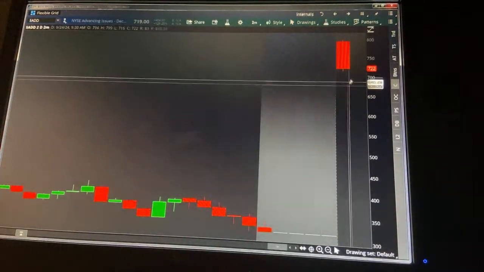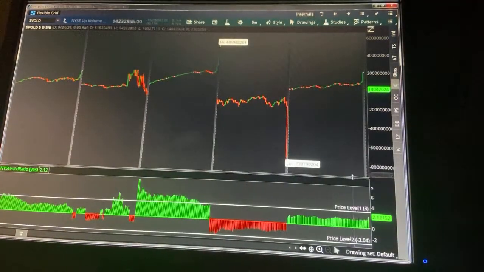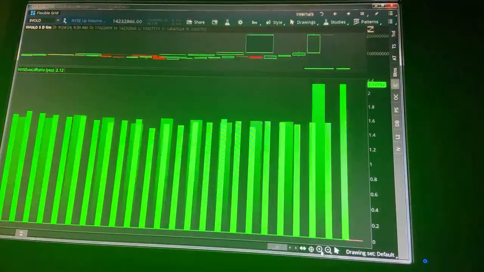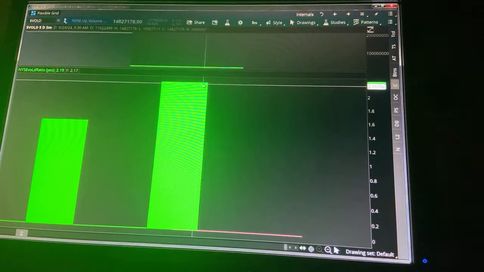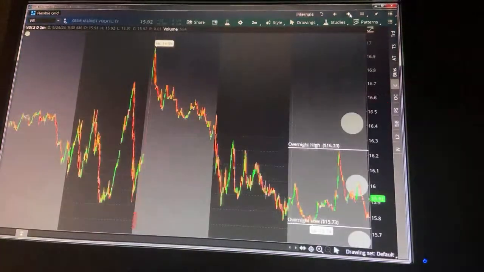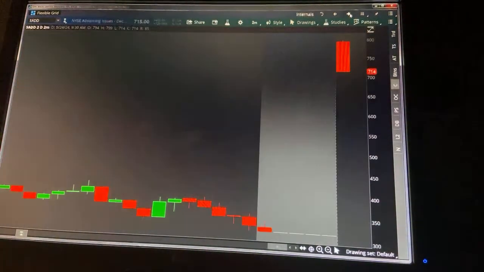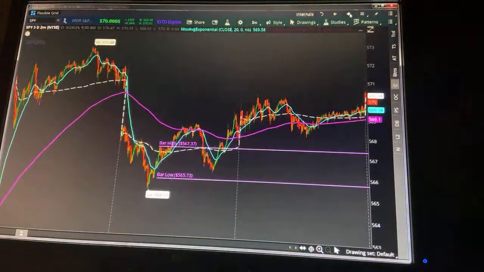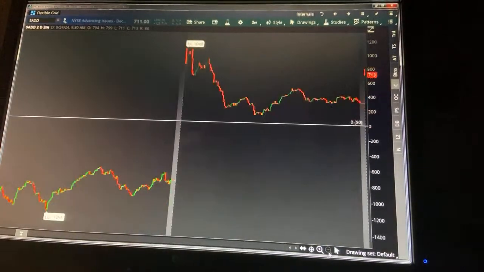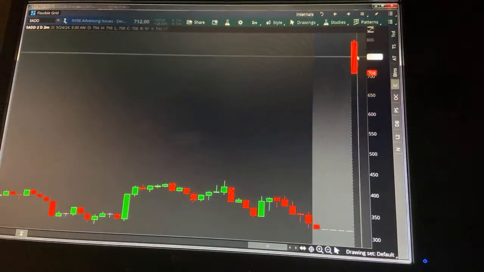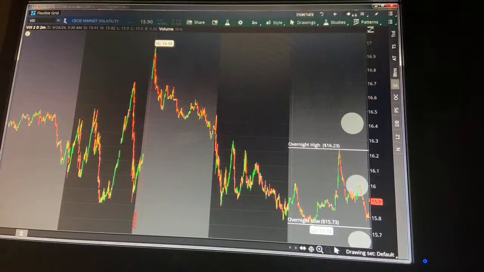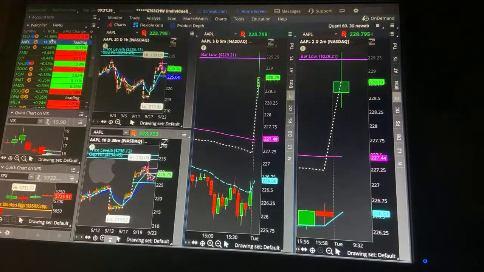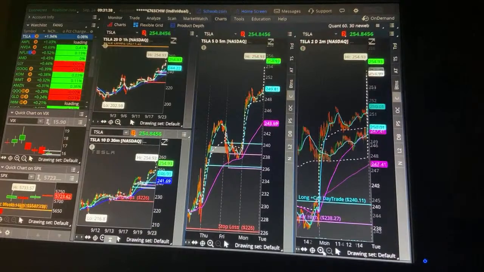Advance-declines, positive 700, not extreme. Vol-D, volume up versus down volume on NYSE, New York Stock Exchange, slightly higher, not extreme. I'm just looking for extreme measures and nothing quite. So advance-declines gapped up, but not extreme, kind of fading down a little bit, very early on that. All right, cool. So just follow the tape.